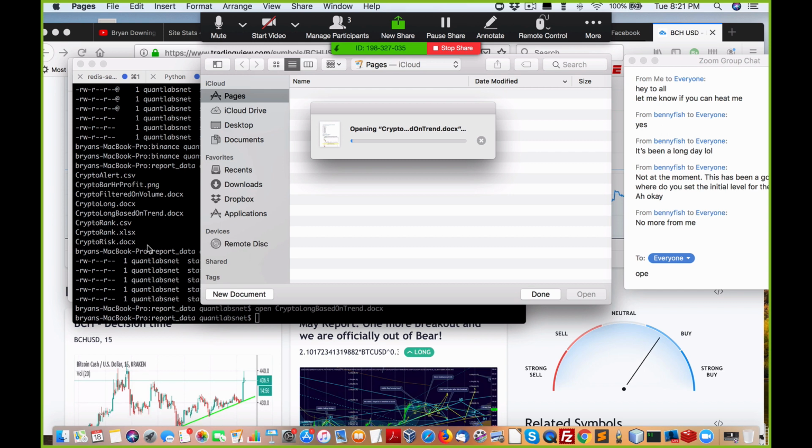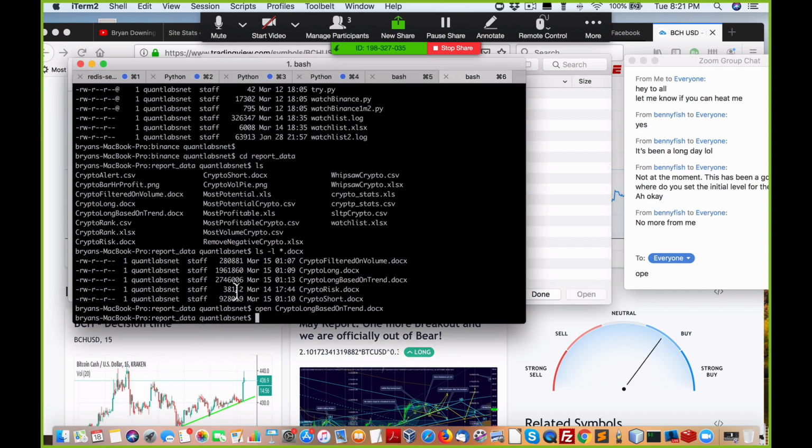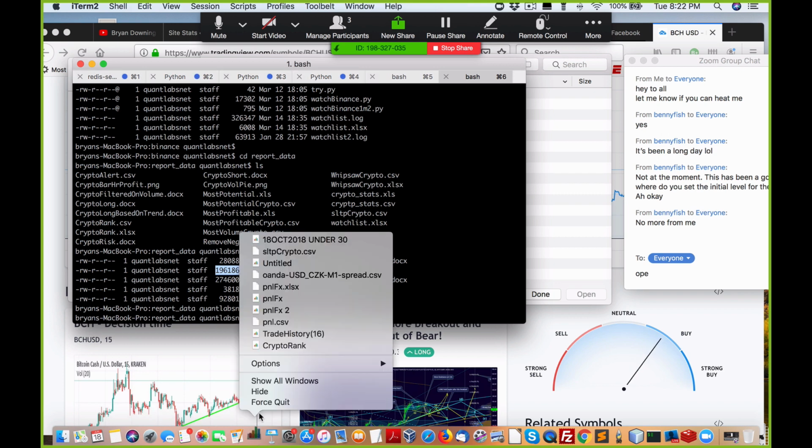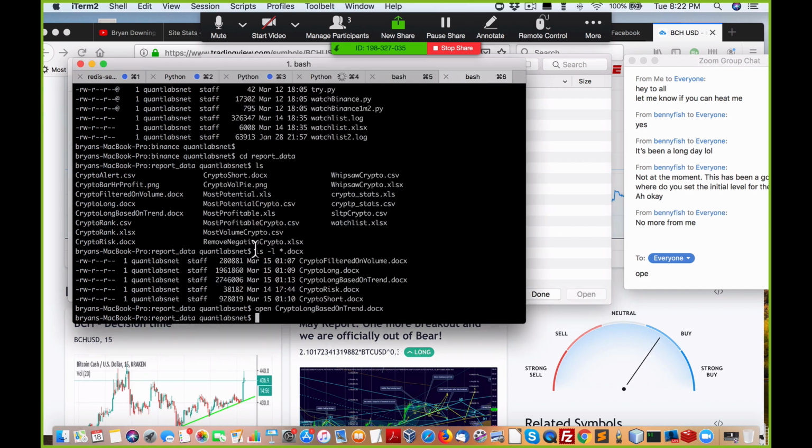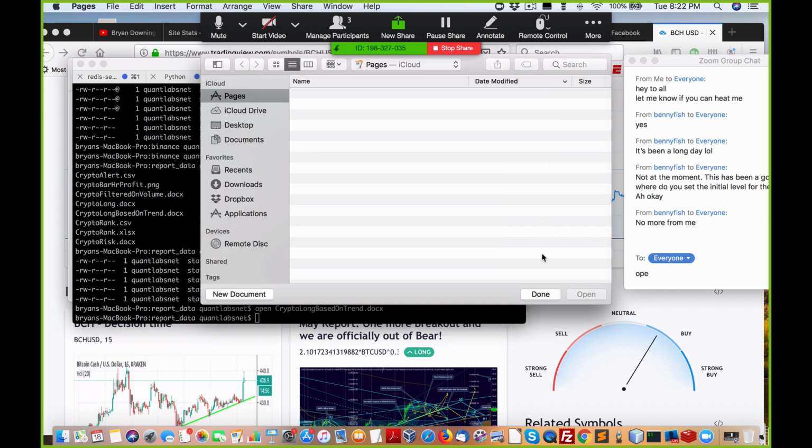Okay, so these can be pretty big files. This one is 2.74 meg. This one is 1.9 meg, so it's going to be pretty big. Just waiting for this thing to load up. I didn't think it'd take this long.